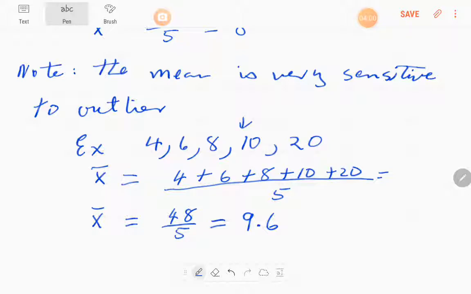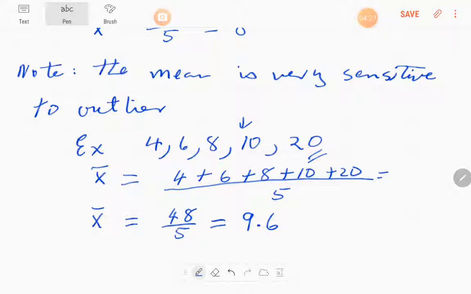So it's pulled by this outlier. If we had a larger outlier, it'll pull it even further, even past that 10. All right, so the mean is very sensitive to an outlier.